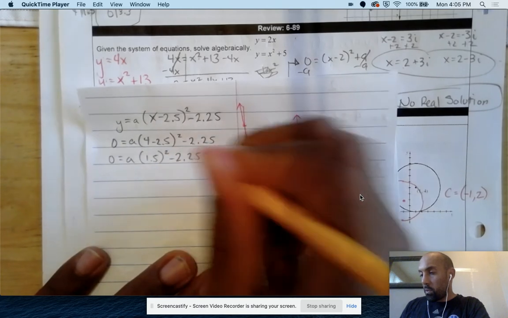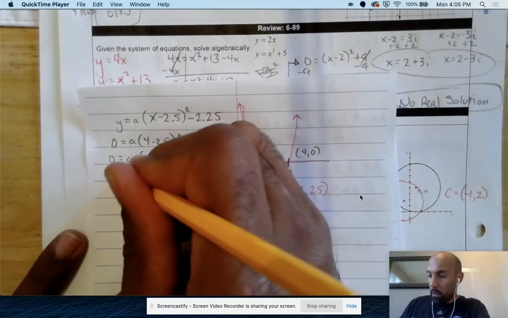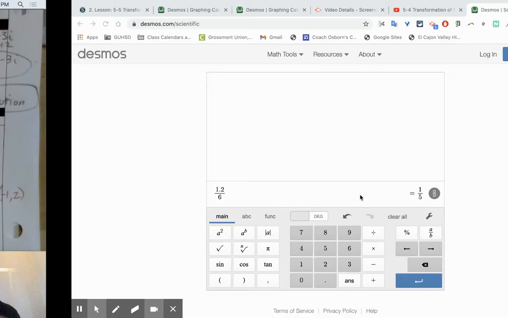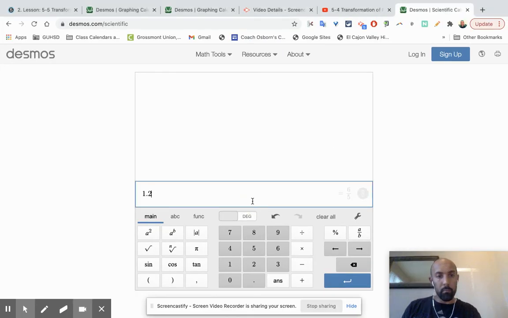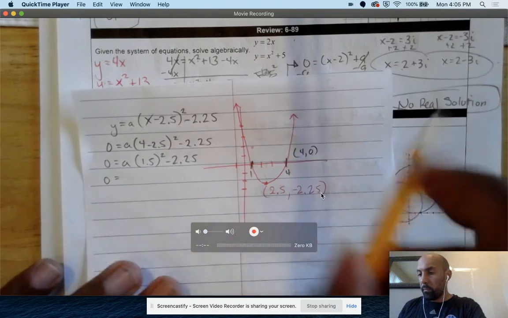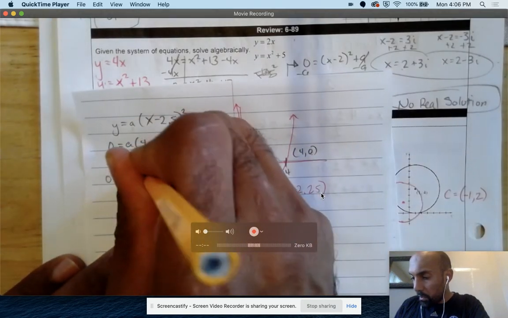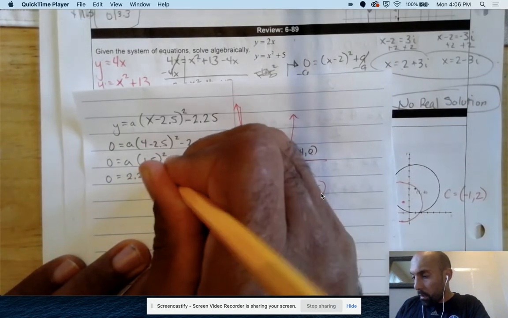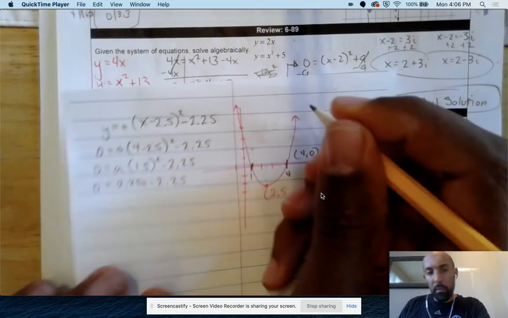Okay, now we need to square the 1.5. So that I will get a calculator for. Okay, so 1.5 squared. So that's 9 over 4. I'm going to go ahead and write the decimal. So 2.25. So 2.25a minus 2.25.